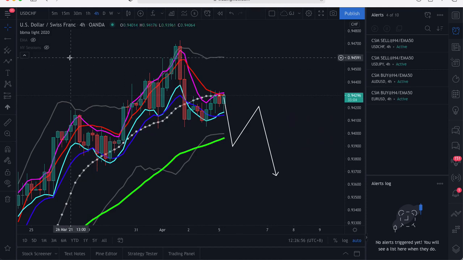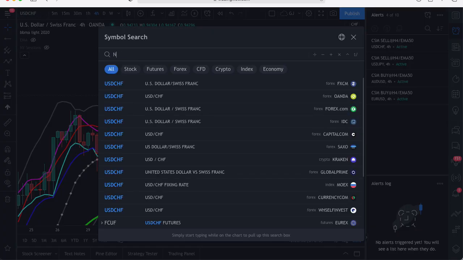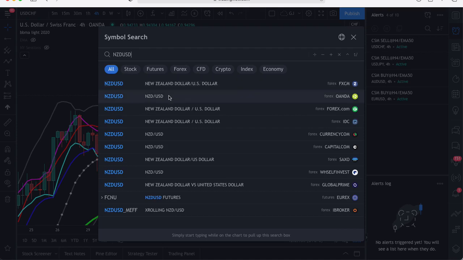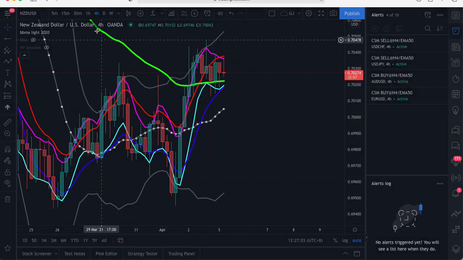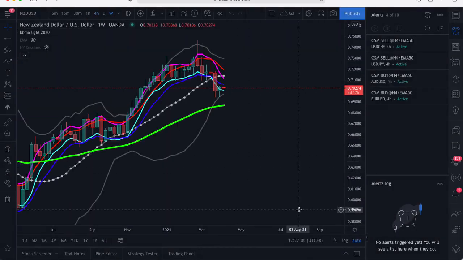Okay, last pair is NZDUSD. For NZDUSD, starting at the weekly time frame, we can see price is making re-entry buy, and EMA 50 is below current price and outside the Bollinger Band. So this is a very high probability that when this EMA 50 comes back into the Bollinger Band, price will shoot up.